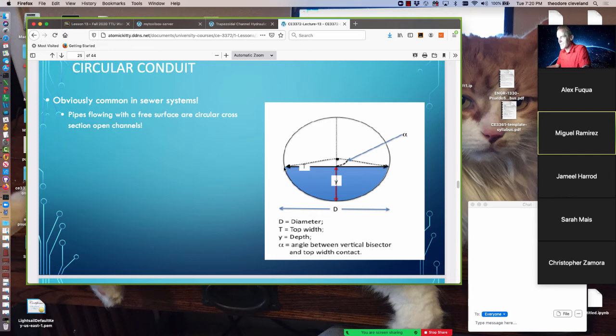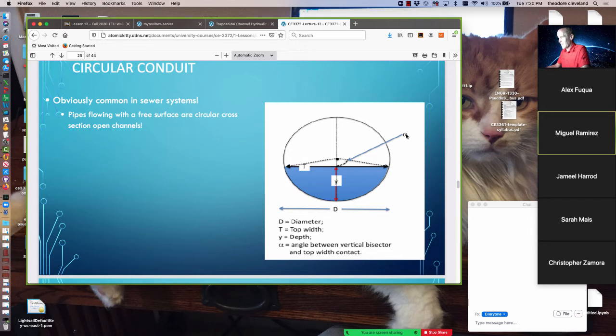It has length of d/2. So we know the length of these two arrows, and we can compute the angle between the vertical bisector and one of these radial rays that goes to the contact point where the liquid and solid are.